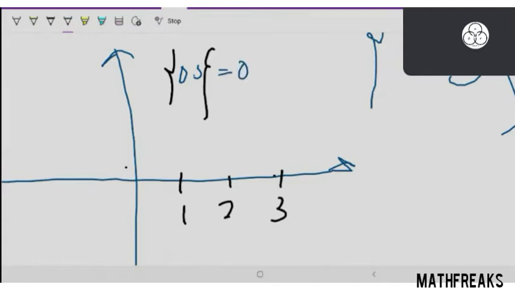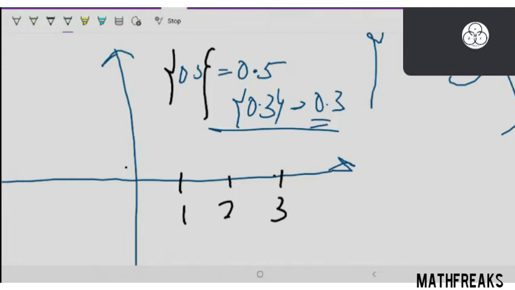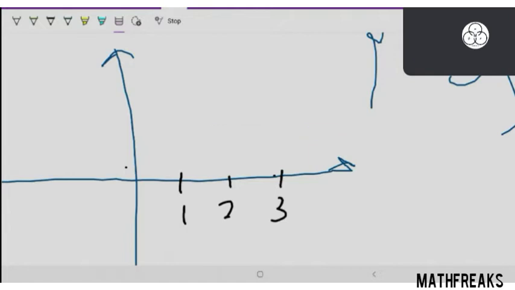This will give me 0.5. 0.3 will give me 0.3. So up to 1 we didn't need to worry, because 1 is an integer, and whenever x is an integer the function will be discontinuous. We will see this. So up to 1, say this point is 1, the function's graph will look like this.